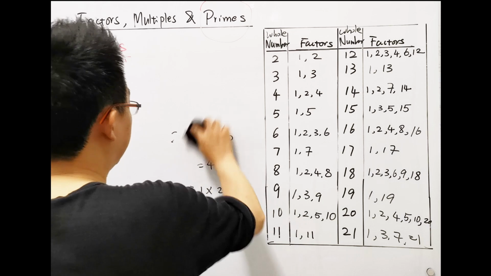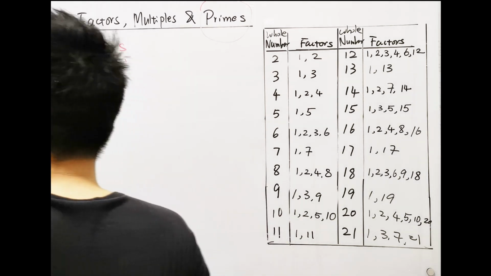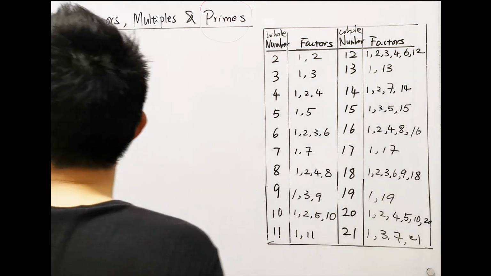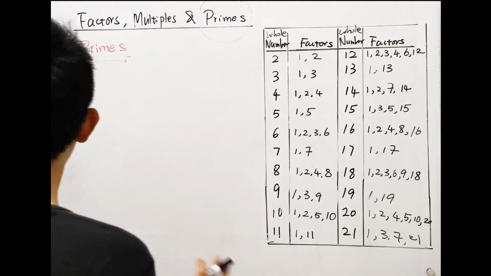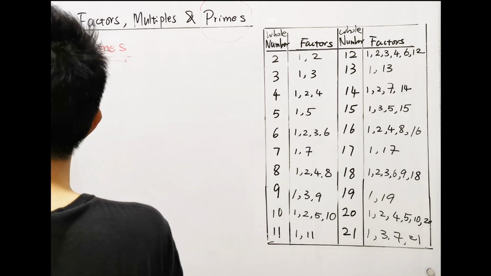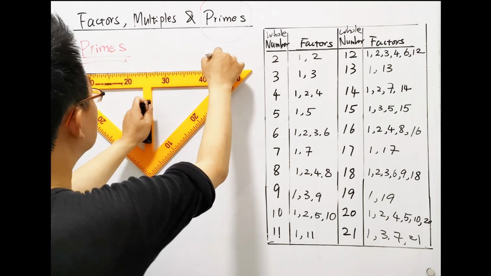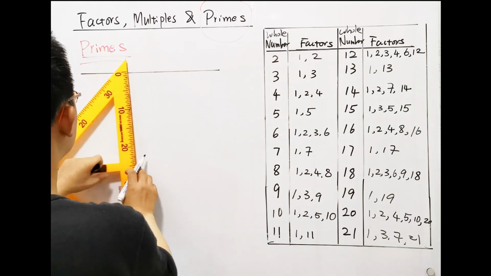Okay, let's do a summary. The summary is to classify each of these above numbers according to the number of factors they have. Let's see how many numbers they have. Okay, let's draw a table.